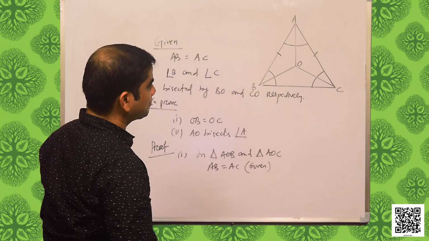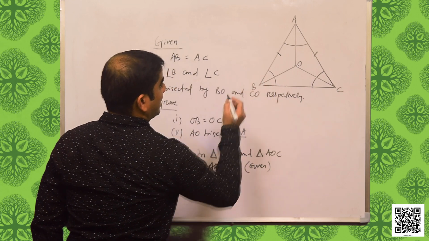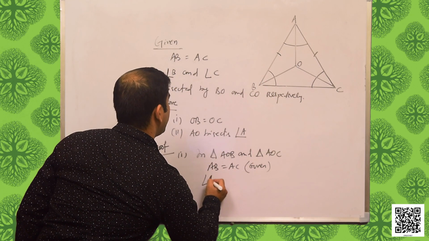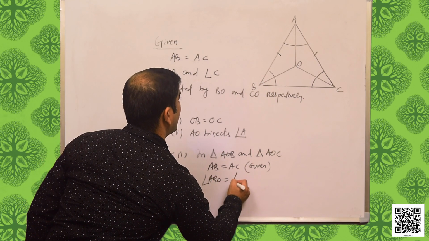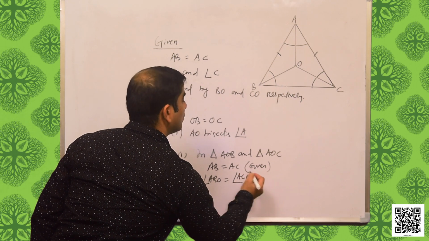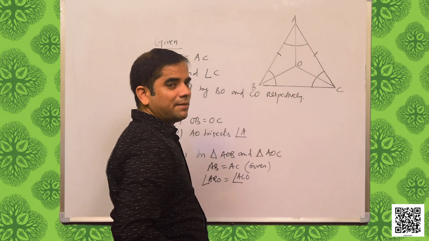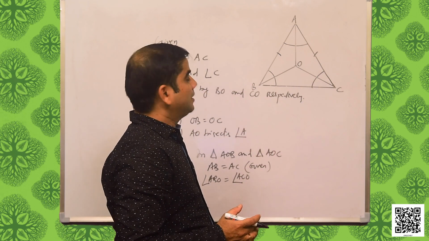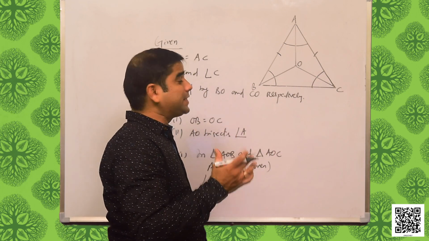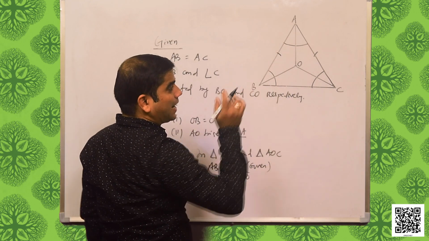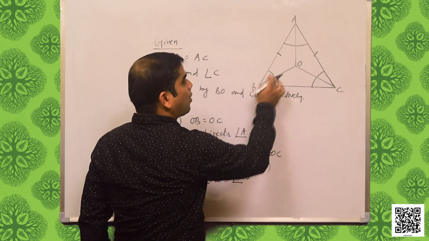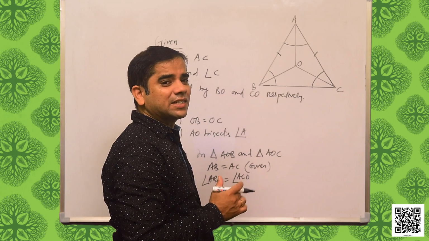Fine. Angle ABO is equal to angle ACO. Why? Because angle B is equal to angle C, those are the opposite angles of equal sides AB and AC, and BO and CO are bisectors of those angles.